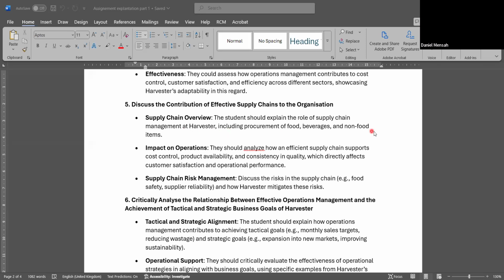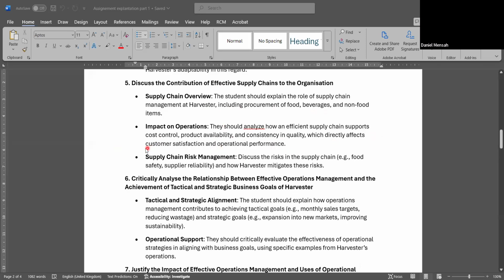First you are going to give a little bit of overview of what supply chain management is. Then you are going to discuss, from the Harvester perspective, what kind of function they are performing, for example procurement of beverages, foods, or non-food items.